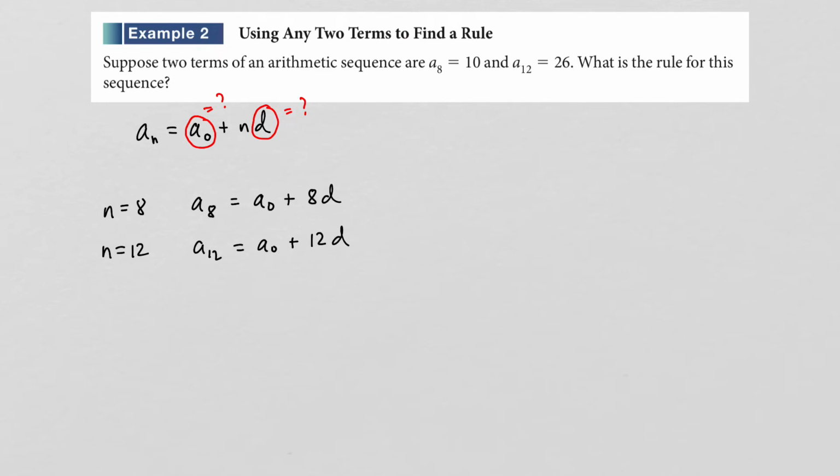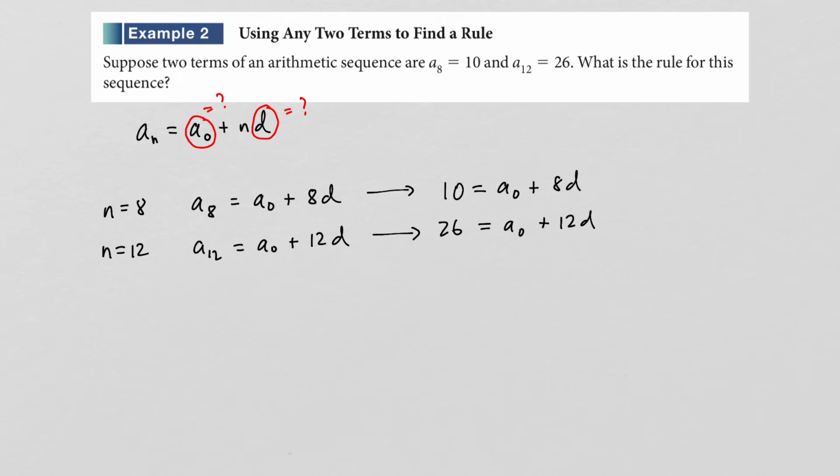I'm just plugging the value of either n equals 8 or n equals 12 into this equation. Now, we know what a_8 is, so we can write this equation as 10 equals a_0 plus 8d. And for this other equation, we know a_12 is 26, so that would be 26 equals a_0 plus 12d.